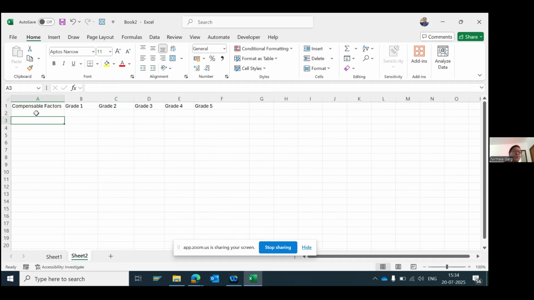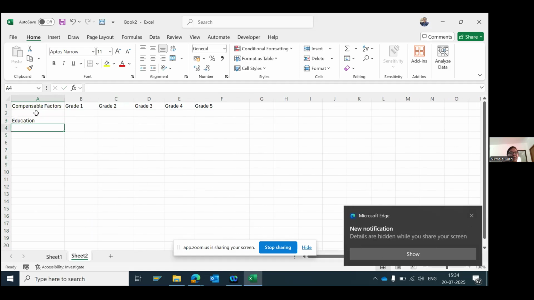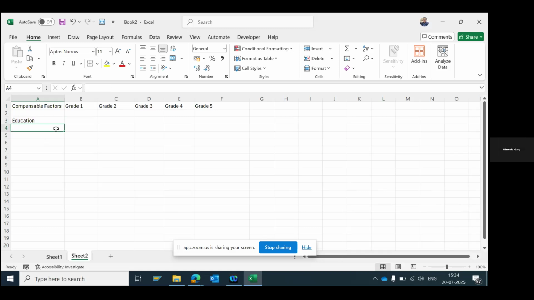So now, the common compensable factors, for ease of learning today, you can write education as one of them. Now you do the exercise. I'll be helping you all. Ask the group. What else?